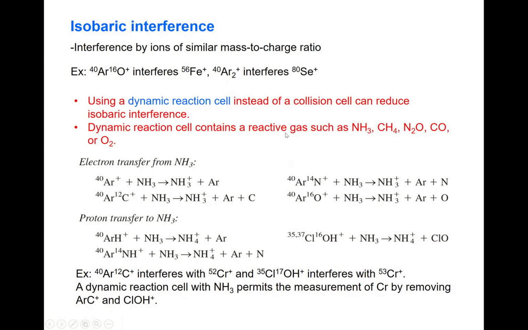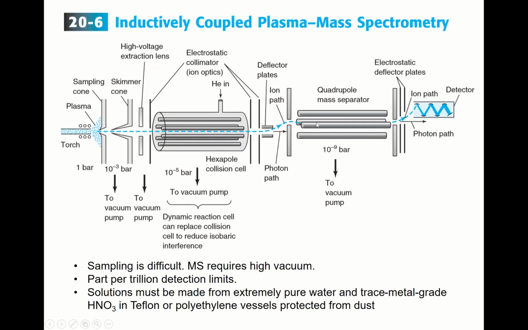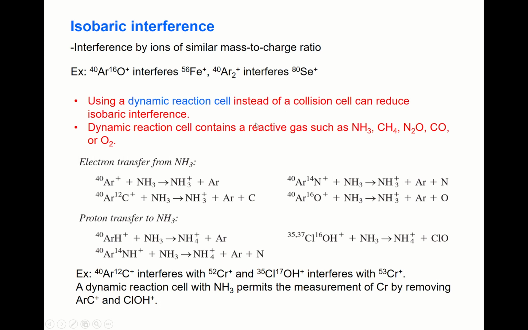Not neutral species. Neutral species cannot be detected by the mass spectrometry. To use this mass spectrometry, you have to ionize something. So here isobaric interference is the same mass to charge ratio.